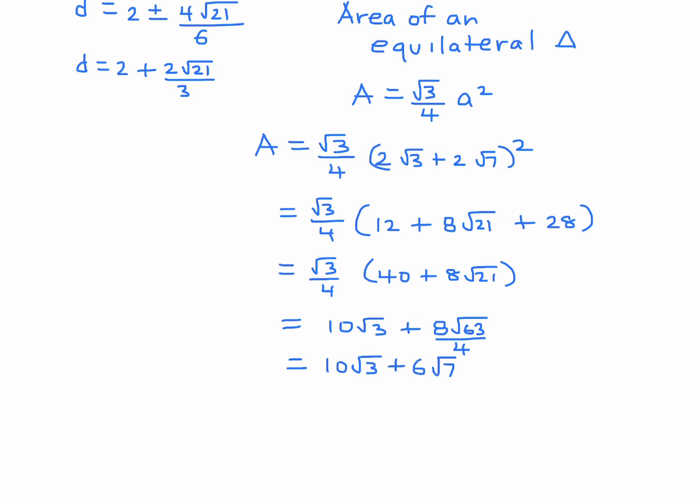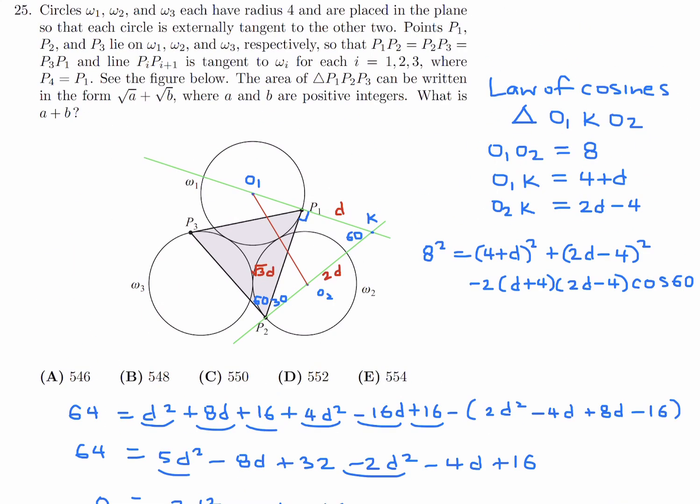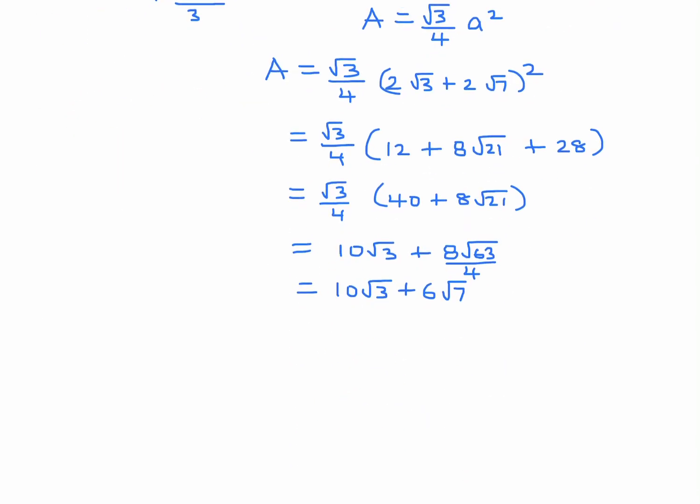Okay, but they're saying that it's got to be in this form, just root A and just root B. So we have a mixed root where they don't want that, so that's okay. I can just put it inside. So it'd be 3 times 100, so root 300, and this one would be 36 times 7, which is 252.